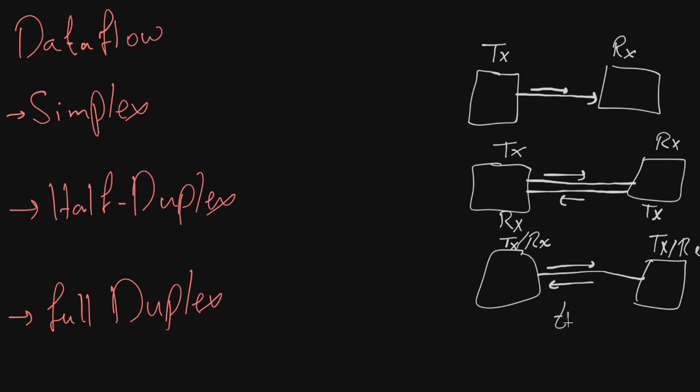So time is a variable. Here both happen at the same time, but in half duplex the first operation finishes, whether it was sending or receiving, then a second operation happens. So simplex is unidirectional, half duplex is sending and receiving step after step, and full duplex sends and receives at the same time.